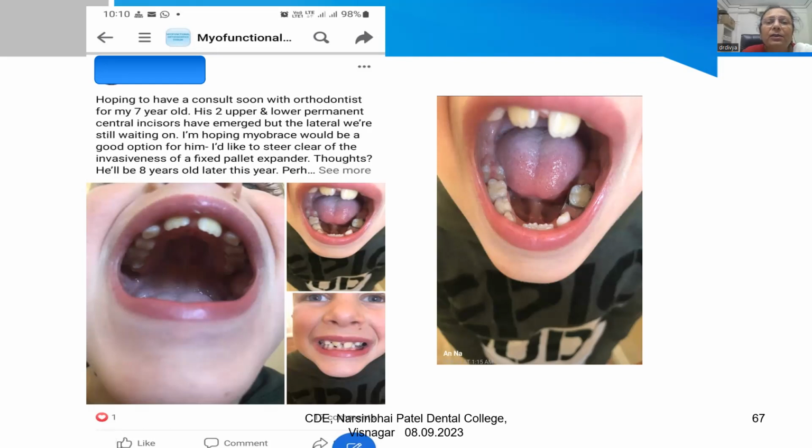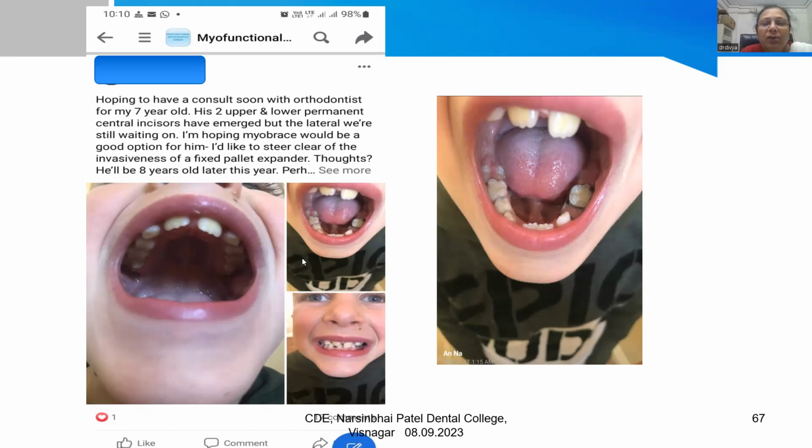Please answer in the chat box. Lateral what? Mandibular or maxillary? Which one? Yeah, very nice. Mandibular. This is what I wanted to inculcate: the lower lateral incisors. Very nice. Thank you for listening carefully.